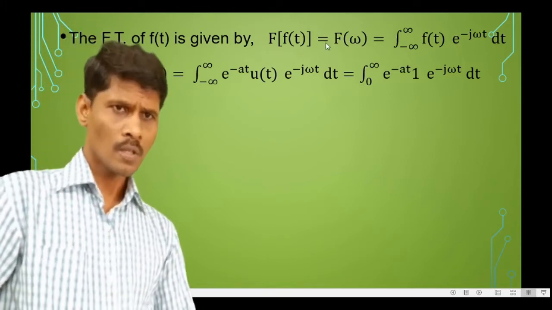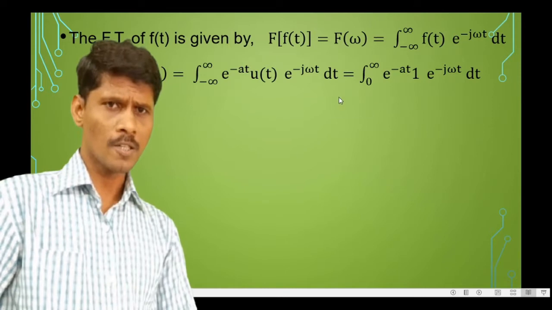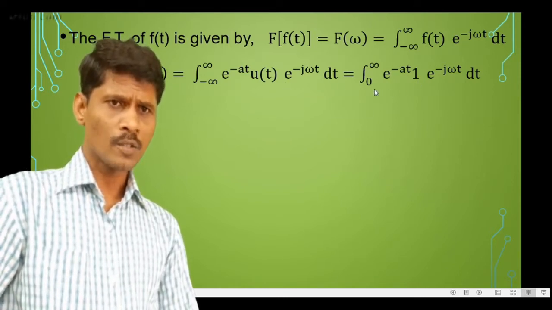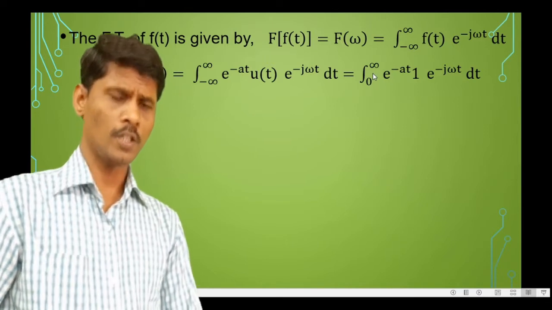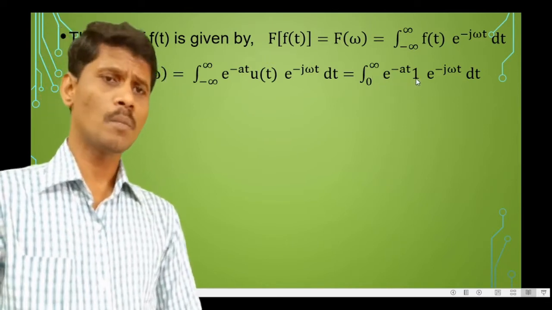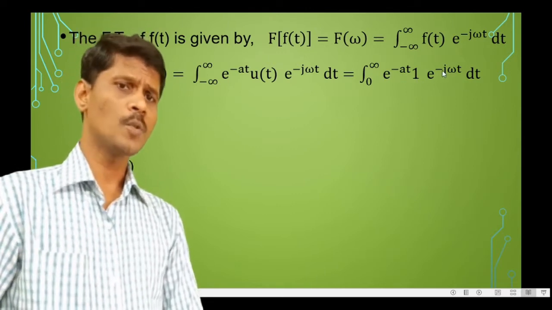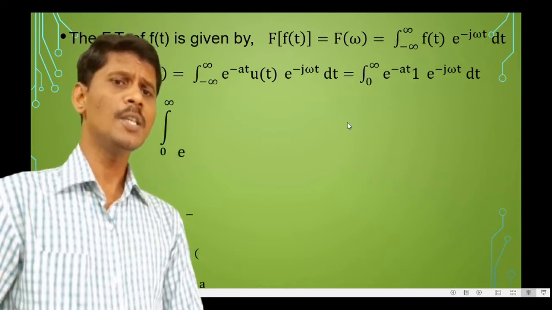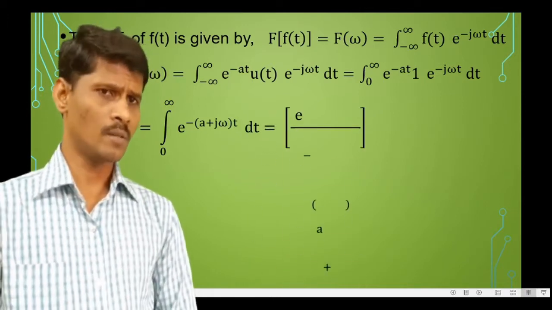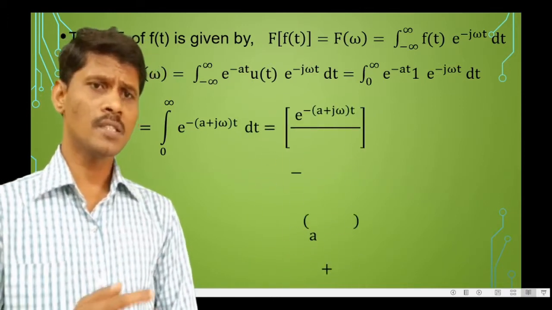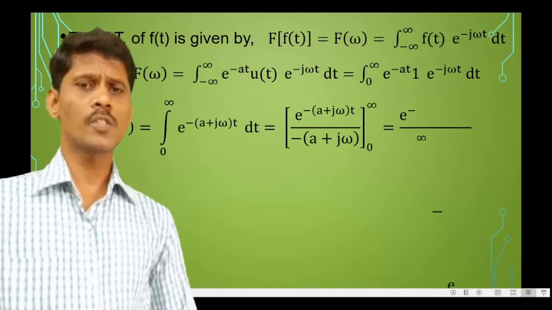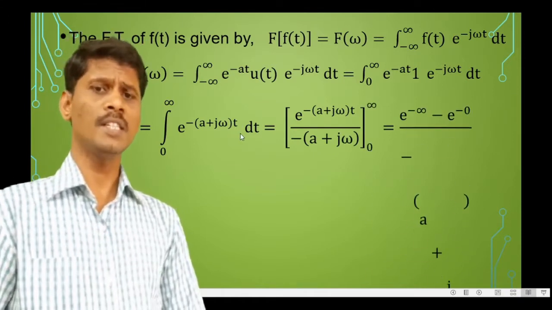So the integral is from 0 to infinity. E power minus at into 1, these two exponential terms are written as e power minus of a plus j omega t. Both terms have minus t in common, so take the common minus.